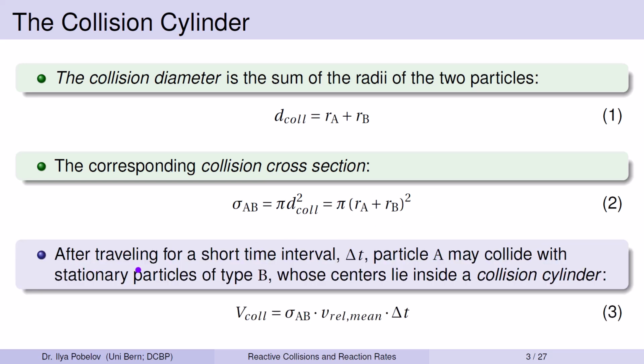After traveling for a short time interval delta t, particle A may collide with stationary particles of type B, whose centers lie inside a collision cylinder with volume equal to the collision cross-section times the mean relative speed times delta t.